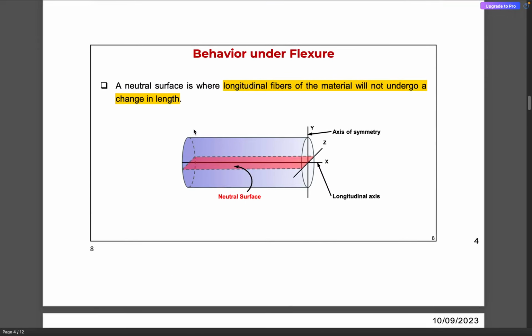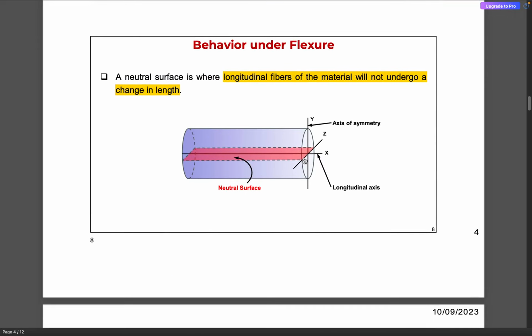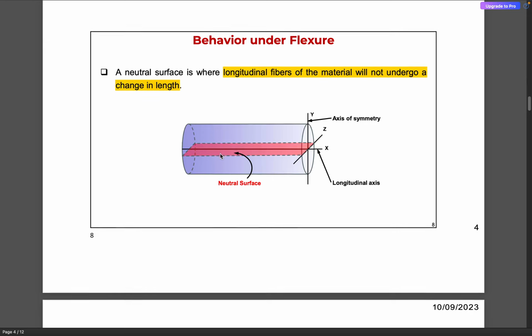This is an example of a beam which has a circular cross section that is subjected to flexural loading, and this is the neutral layer. The neutral layer, or the neutral surface, is the one where the longitudinal fibers of the material will not undergo any change in length.